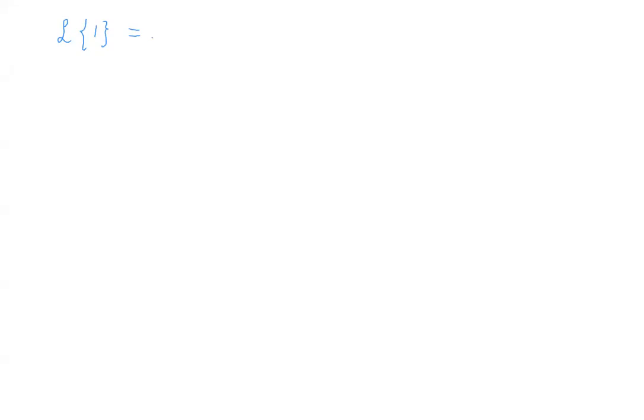All you need to do is integrate from 0 to infinity of e to the negative st times 1 dt. You really have to find the antiderivative of e to the negative st, and that is going to be e to the negative st over negative s from 0 to infinity. And of course, when I say infinity, what I mean is the limit of this quantity as t tends to infinity, which is 0.